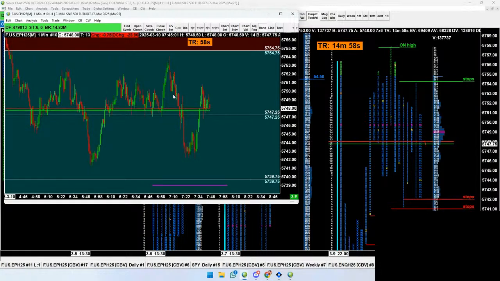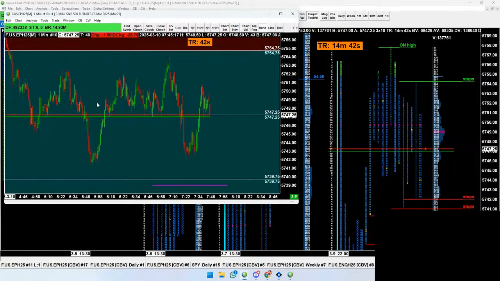Now, here's another thing. The great thing about this method is it keeps you out of bad trades. If you only practice the look below and fail, the look above and fail, you will see that there's not that many opportunities. So that keeps you out of this choppy mess that you're seeing here, right?